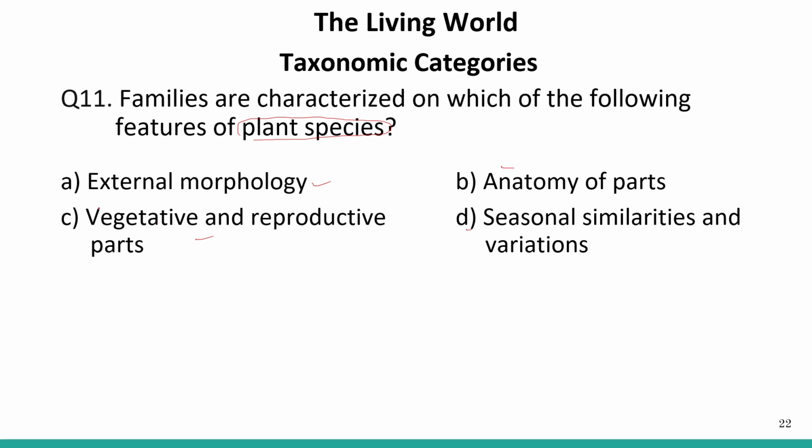The answer to this question is option C. The families are characterized on the basis of vegetative and reproductive parts. Plants have vegetative and reproductive phases. In the reproductive phase, there is flowering and reproductive organ formation, and finally, there is seed formation.